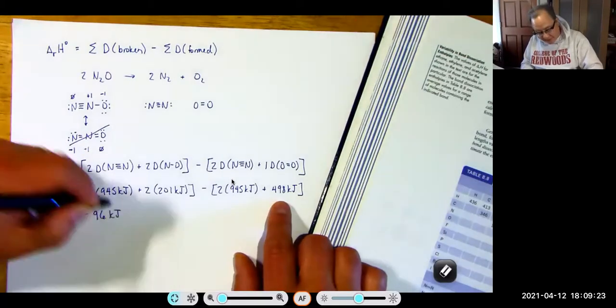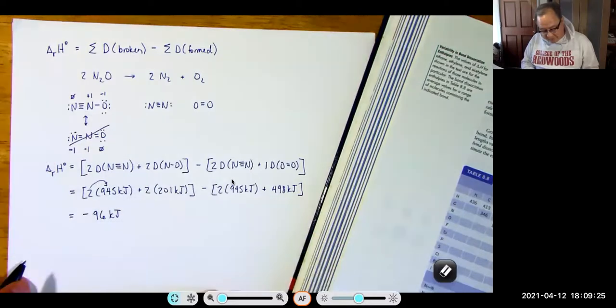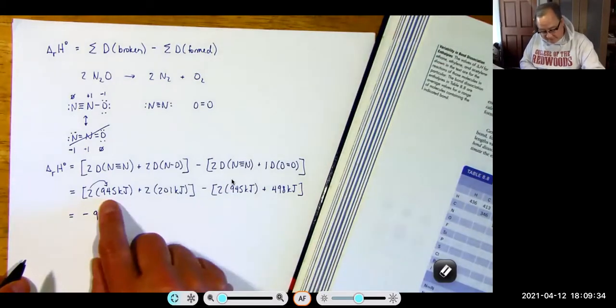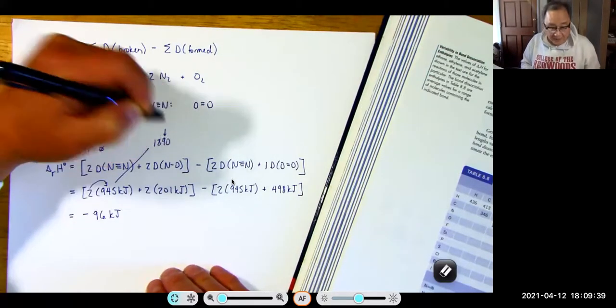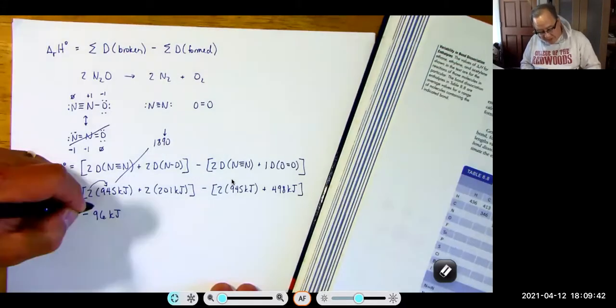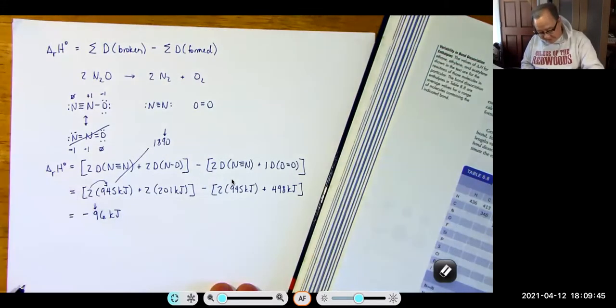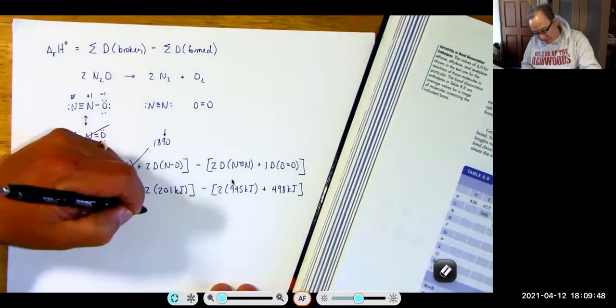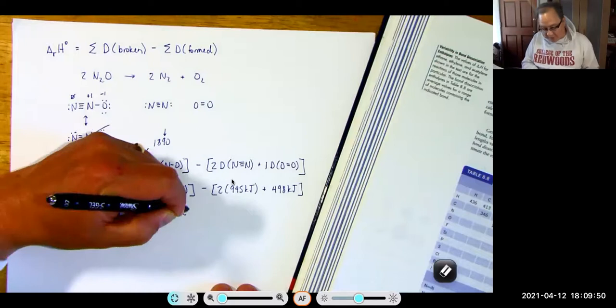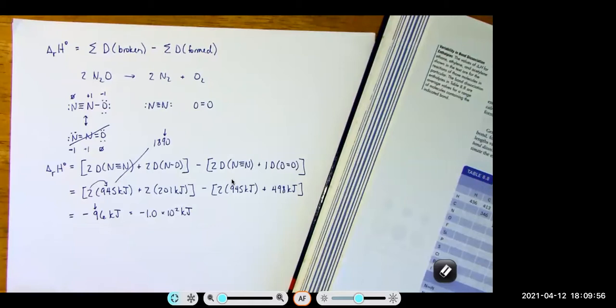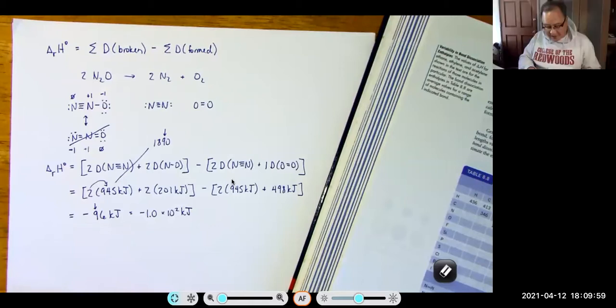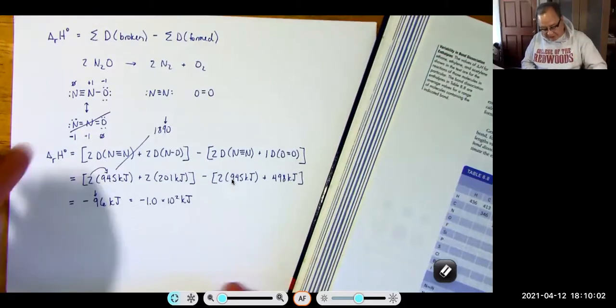But because of this right here, and this right here, this times 945 would be 1,890, which is good to there, which means we have to round to the tens, which becomes negative 1.0 times 10 squared kilojoules. And that's the only way to write this rounded to the tens. Okay? Okay. All right. So that would be the answer using this resonance structure.